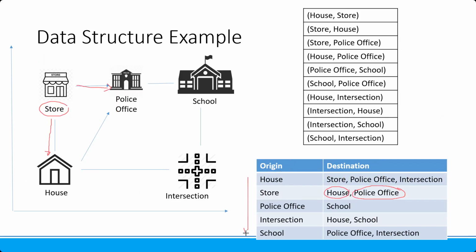And so on. So this is one data structure. And this is the second data structure. The question is, which is the best data structure?